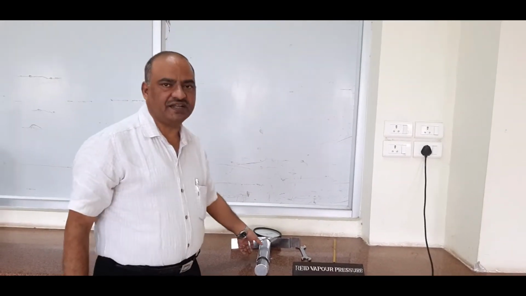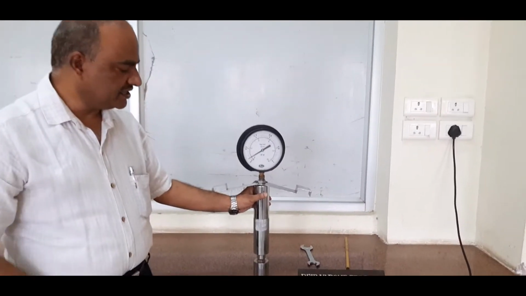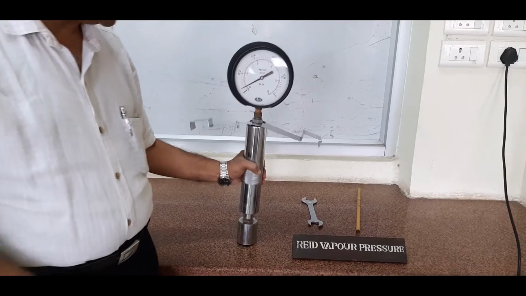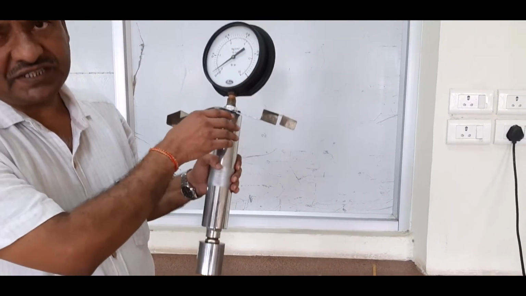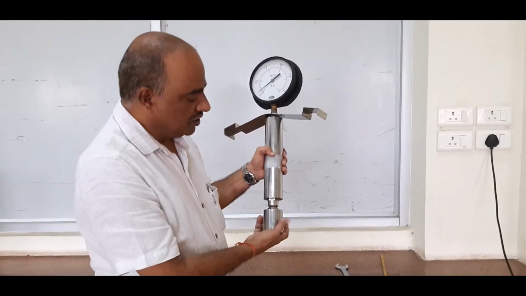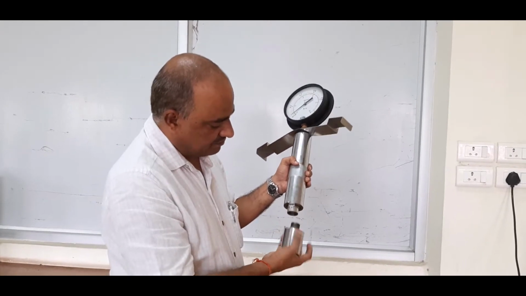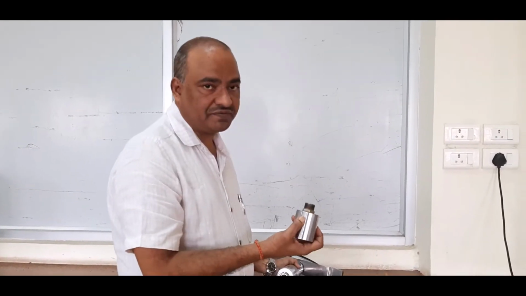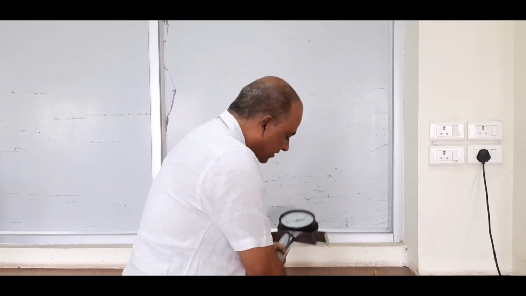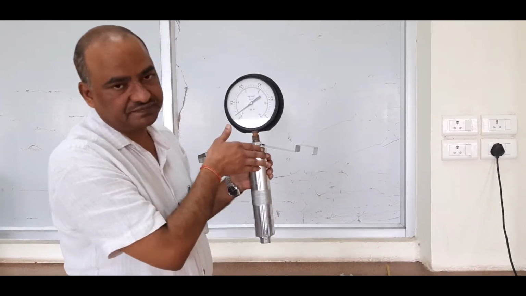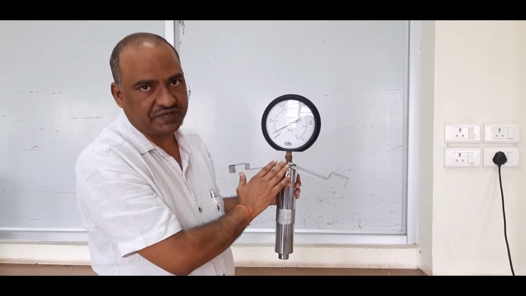Come to the main components of RVP. This is the RVP apparatus. It consists of two chambers. Lower chamber is the sample chamber and upper chamber is the vapor chamber. The sample chamber is in the shape of a cylindrical pump, and the vapor chamber is a hollow chamber, and a Bourdon tube type pressure gauge is fitted at the top of this vapor chamber.